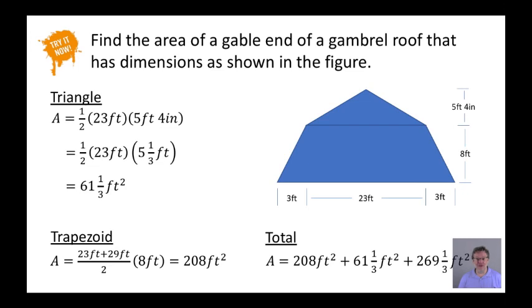We find the average of those two bases and then multiply that by the height, which for the trapezoid is 8 feet. The result that we get is 208 square feet. That's the area of the trapezoid. And if we add those two portions together, we get a total of 269 1/3 square feet.